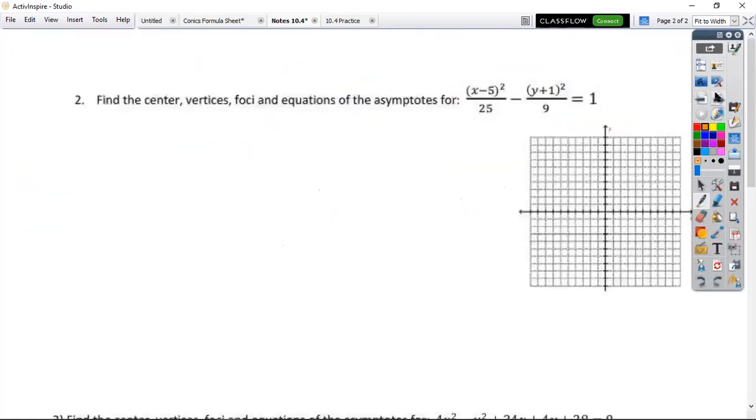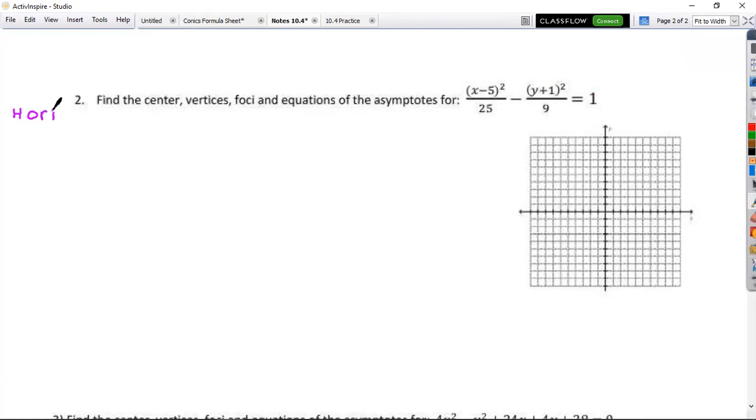All right, so your next one, find the center, vertices, foci, and this one has asymptotes for this equation. So this, if you look at your formula, is the same exact transverse axis as the last question. So this setup here is going to be a horizontal transverse axis again.